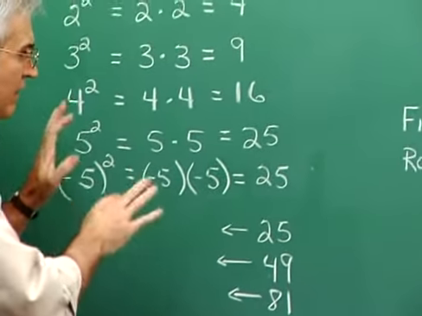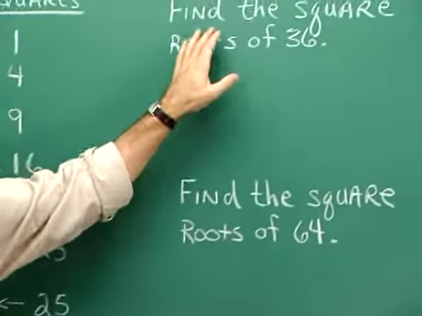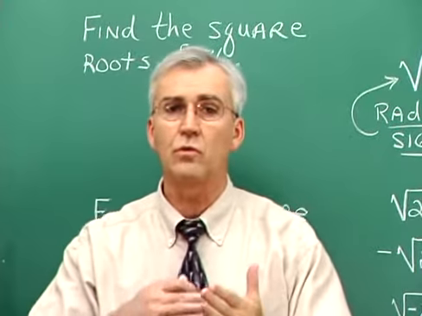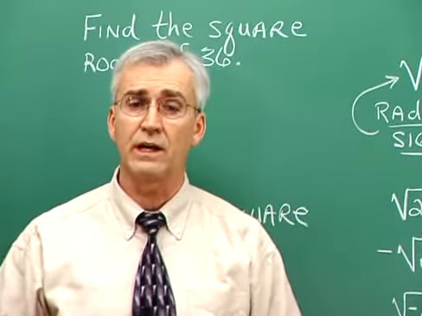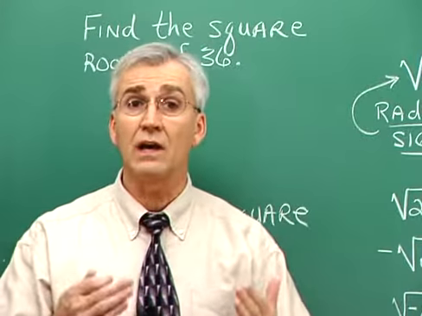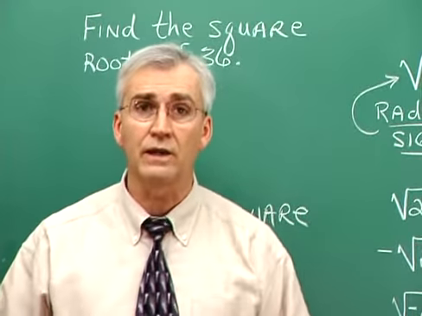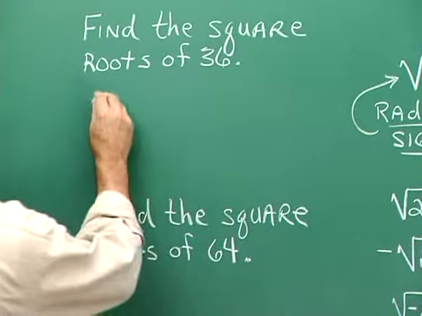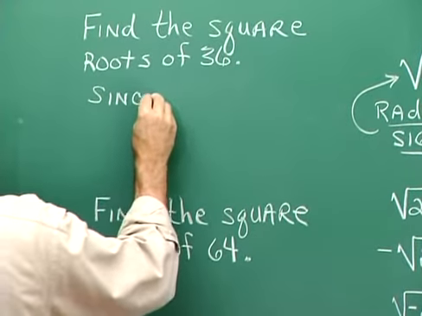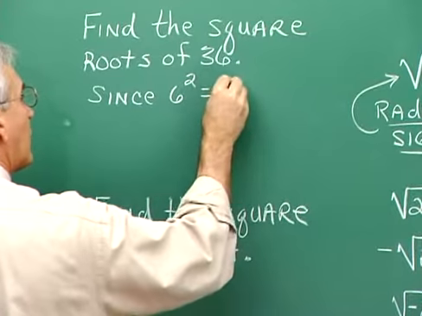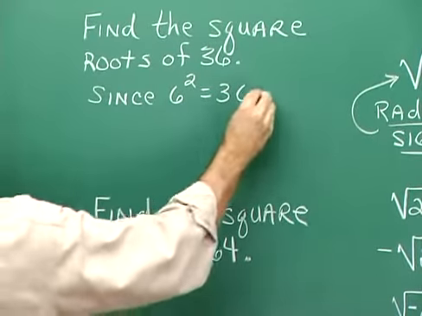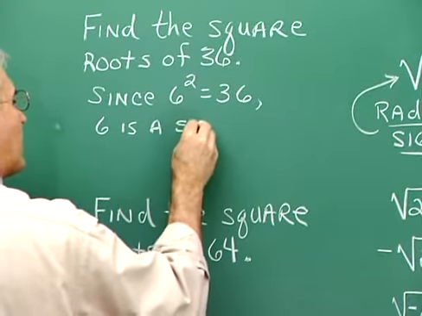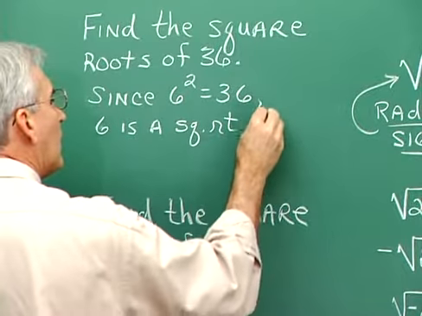Now, if we can think about it like that, then let's talk about the square roots of 36. What we're doing is trying to identify those numbers which, when squared, will give 36. And from our experience, we know that 6 times 6 is 36, or 6 squared is 36. So 6 then is a square root of 36. We might write this. We might say, since 6 squared equals 36, 6 is a square root of 36.